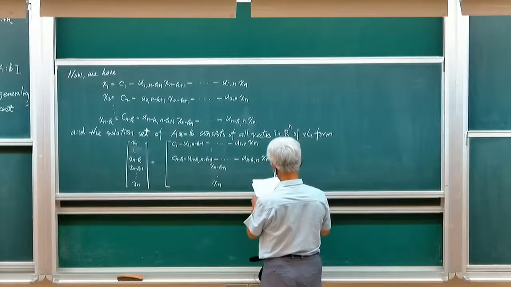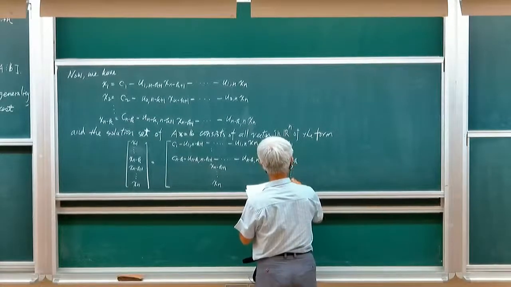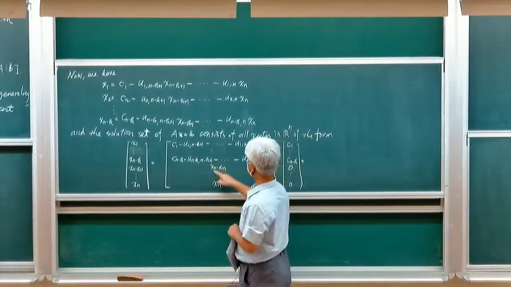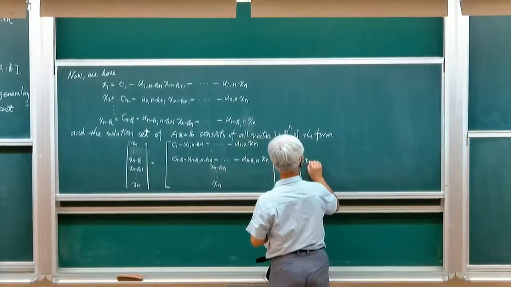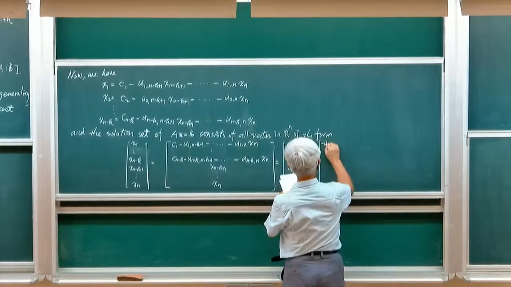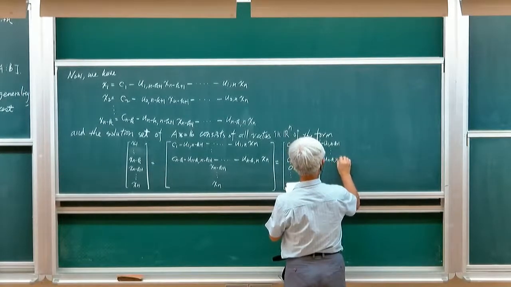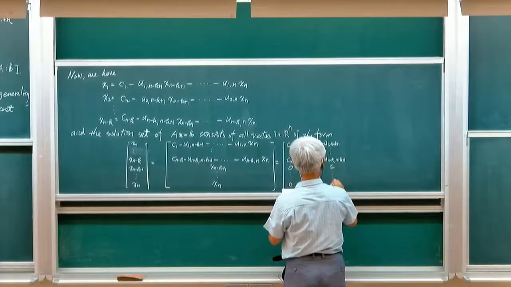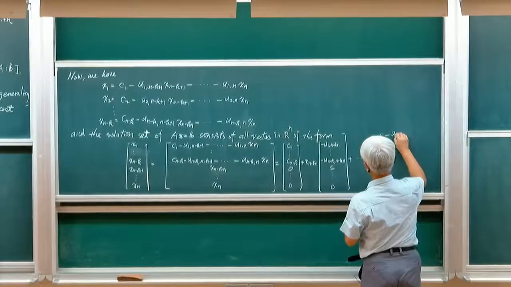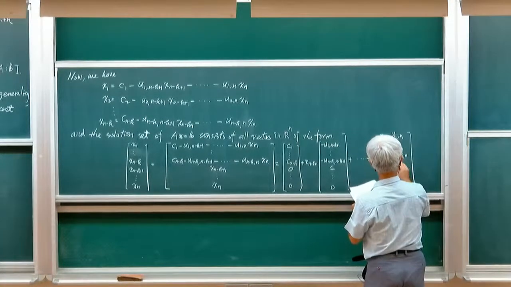And so we have the constant vector (c_1, ..., c_{n-k}, 0, ..., 0), plus the free variable x_{n-k+1} times the vector (-u_{1,n-k+1}, ..., -u_{n-k,n-k+1}, 1, 0, ..., 0), and so on, plus x_n times (-u_{1,n}, ..., -u_{n-k,n}, 0, ..., 0, 1).